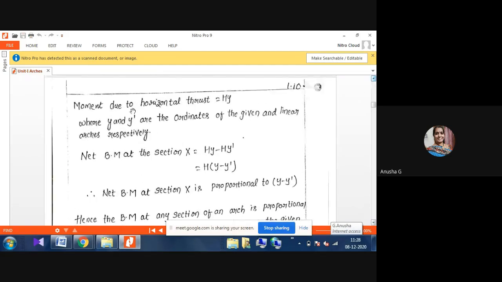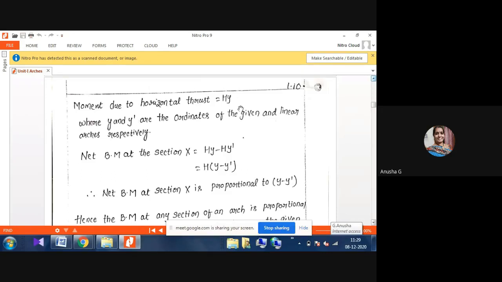To find the moment due to the horizontal thrust, we already know the moment is the force into the perpendicular distance. Here we want to consider the moment at that point, wherever the horizontal thrust is applied, or at the support. For this, the moment due to the horizontal thrust is H into Y.